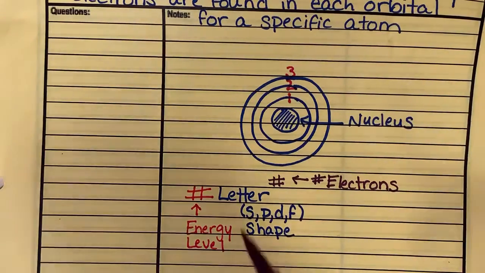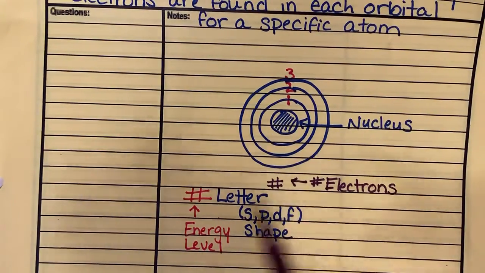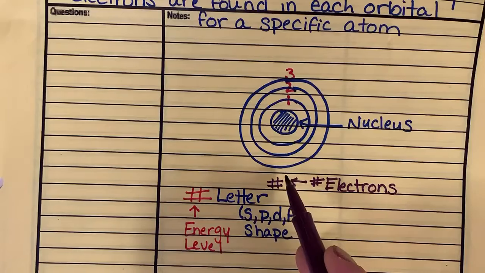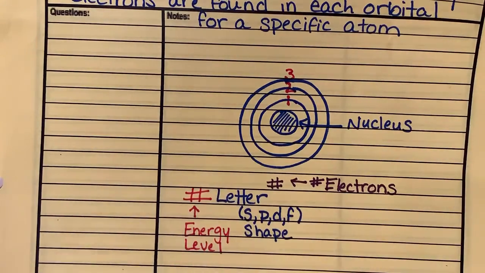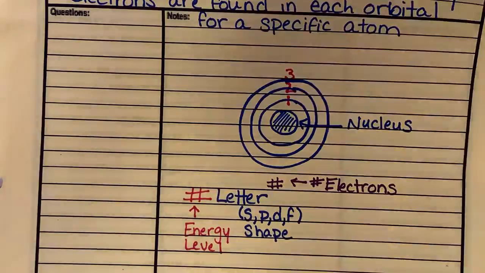Now, I'm going to have to repeat this pattern: number, letter, number, number, letter, number, number, letter, number, again and again and again until I have described where every single one of the electrons for my atom is found. So this is the process that I'm going to follow.